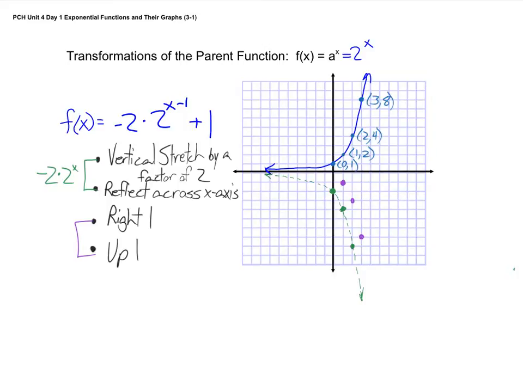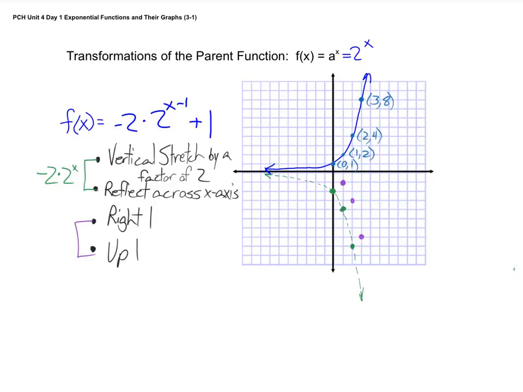What's a part of the graph that we don't really see? The asymptote? The asymptote. Where is our asymptote going to be? So at y equals 1. At y equals 1. Because remember, our whole graph is shifted up 1 unit, right?